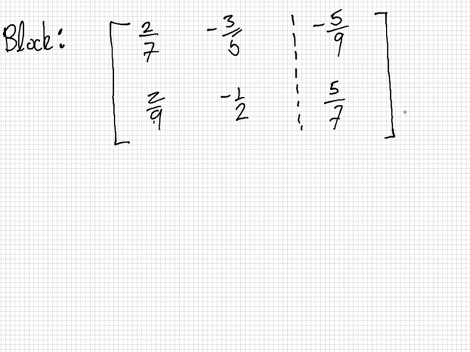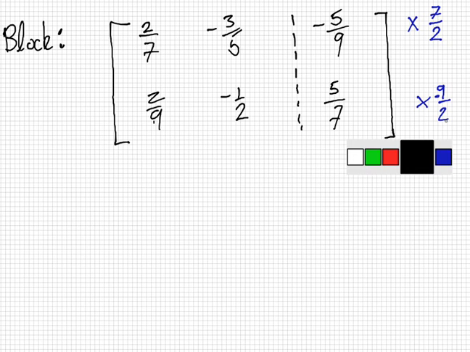Yeah? So do we have an x in the first line? We do. And do we have a y in the second line? We do. Okay. So it's a little bit like elimination. It's called Gaussian elimination. What we do first is I'll multiply this one here by 7 over 2, and then I'll multiply this one here with minus 9 over 2.